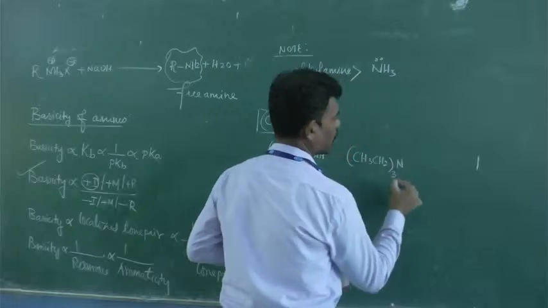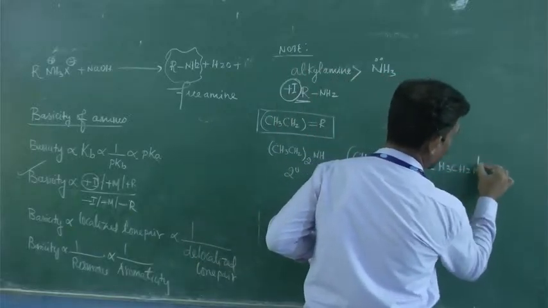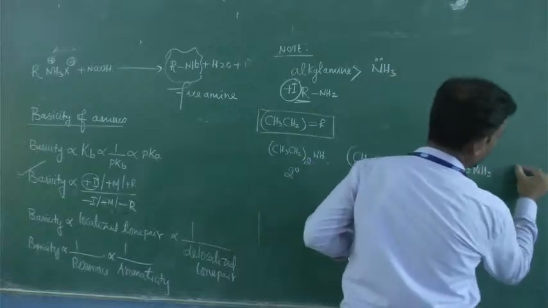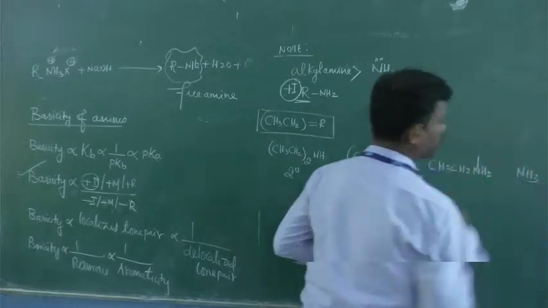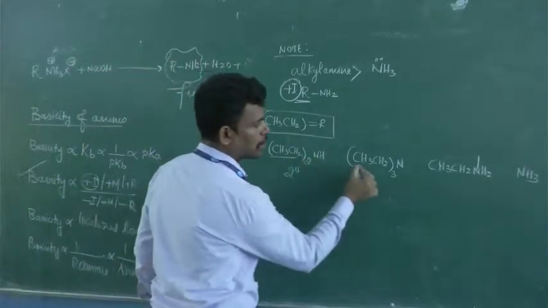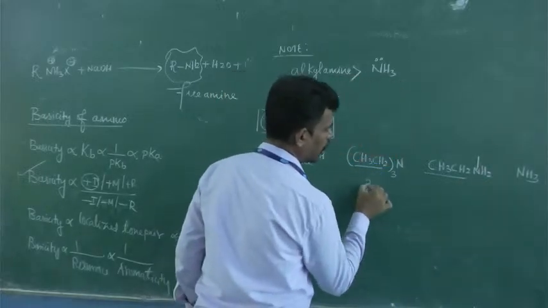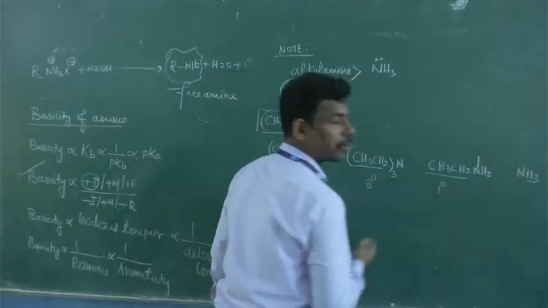இது டெர்ஷரி. இது பிரைமரி. இது அமோனியா. இதுல ஆர் குரூப் என்ன இருக்கு? எத்தைல் குரூப். இது செகண்டரி, இது டெர்ஷரி, இது பிரைமரி.